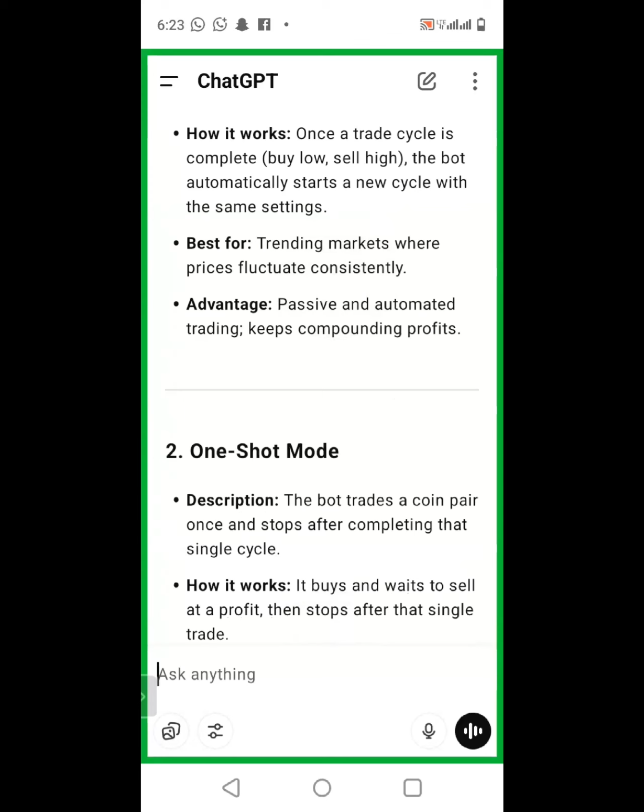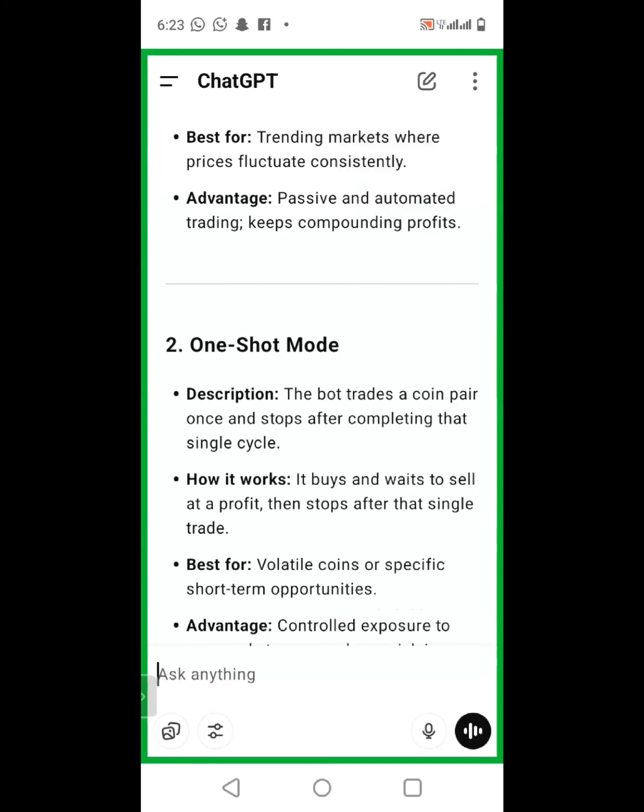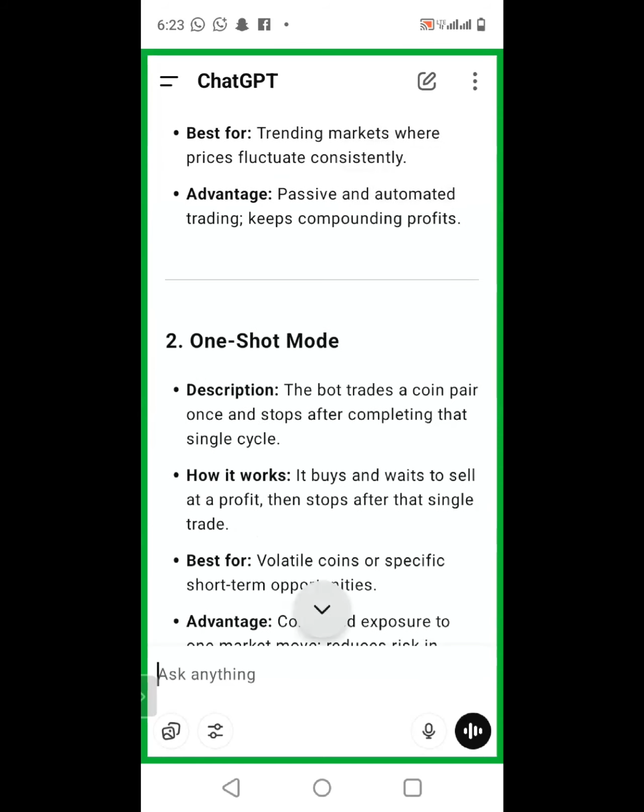So this cycle is useful when the market price is trending. When there's fluctuation and the market is pumping, when there's a pump on a particular coin, you can use this cycle, and it has an advantage. The advantage is passive and automated trading that keeps compounding profit.